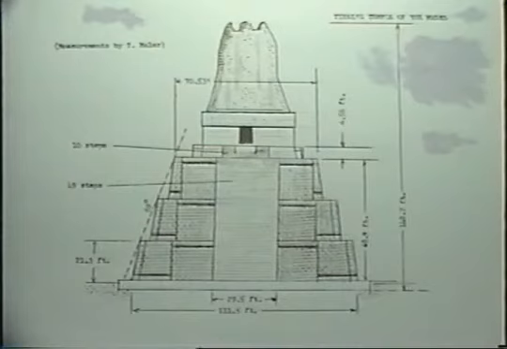49 steps to the top of the pyramid proper here at Temple 2, the so-called Temple of the Masks. Then notice that from there up to the doorway of the temple proper are 10 additional steps. That's 59 in all, divided into 2 distinctly separate staircases.